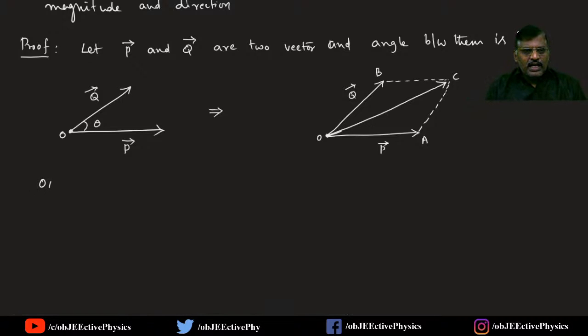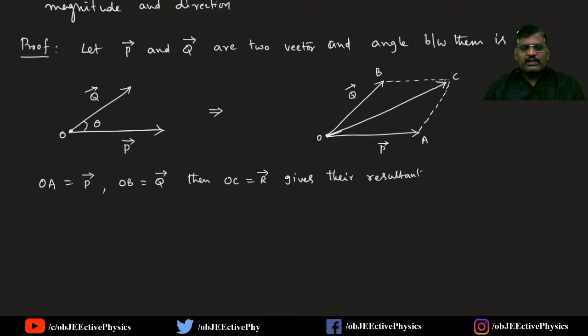So OA is equal to P bar, OB is equal to Q bar, the two vectors. Then OC is equal to R bar, which gives their resultant. Now the resultant vector has both magnitude and direction.